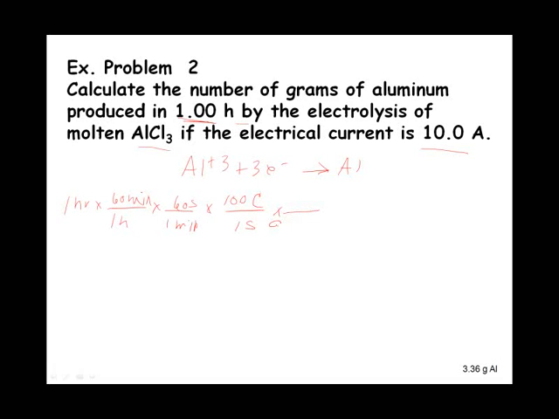I can use Faraday's number, 96,500 coulombs is 1 mole of electrons, but I have 3 moles of electrons per 1 mole of aluminum. And I want grams, so 1 mole of aluminum is 26.98 grams. So if I plug and chug, I end up with 3.36 grams of aluminum, 3 sig figs. Alright, we're going to stop there.